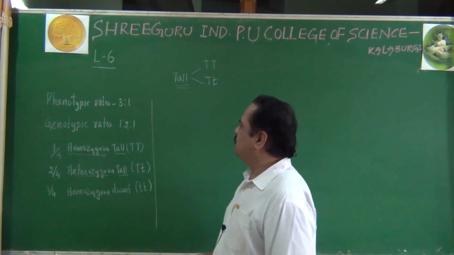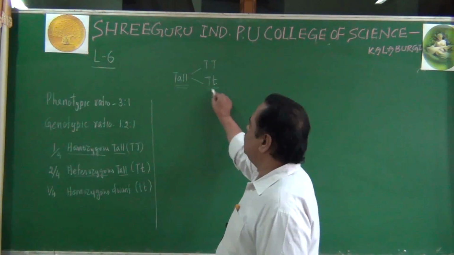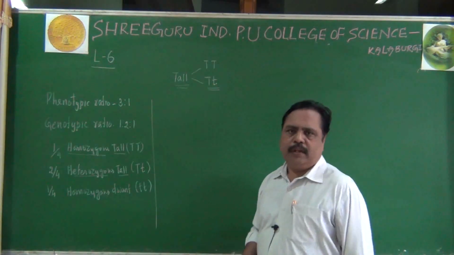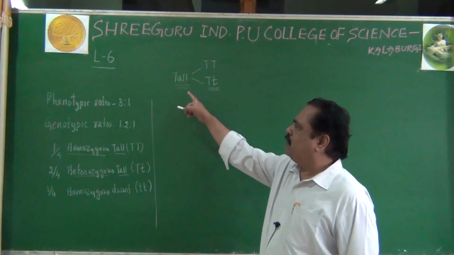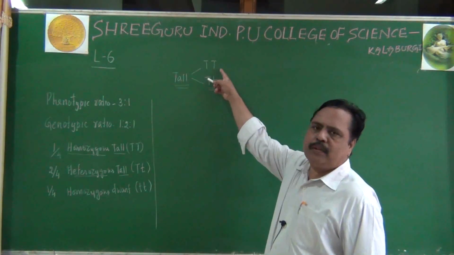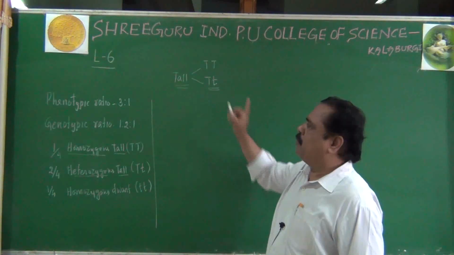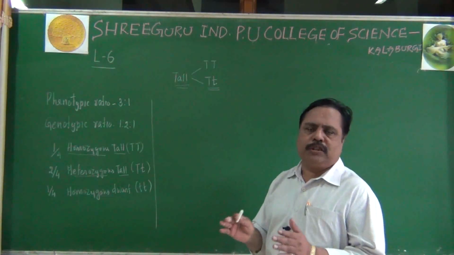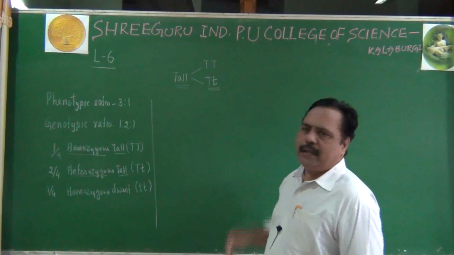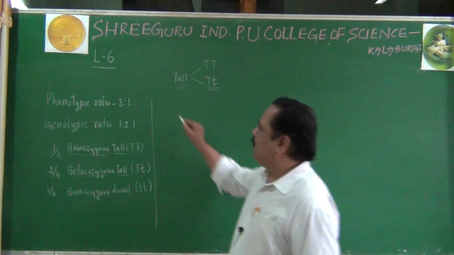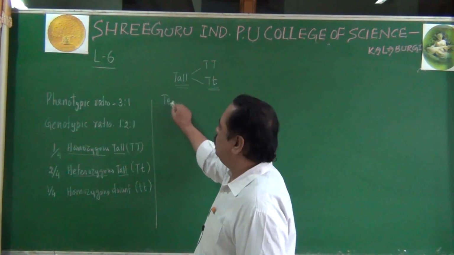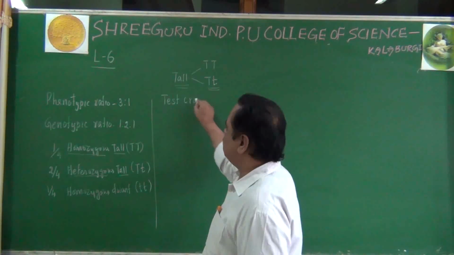So now the question is, how to identify the genotype of an individual? How to identify whether this tall is made up of 2 capital T or 1 capital T and 1 small t, whether it is homozygous or heterozygous? For that, Mendel himself introduced a method called test cross.